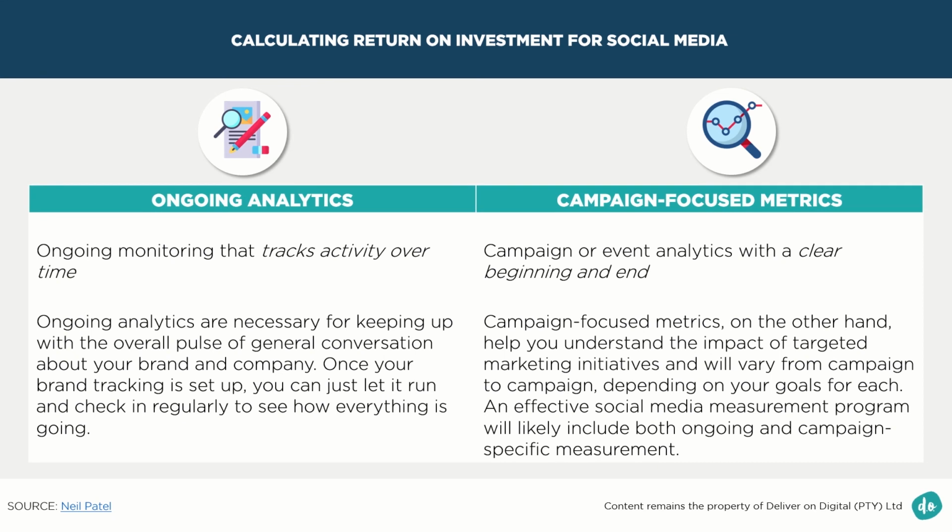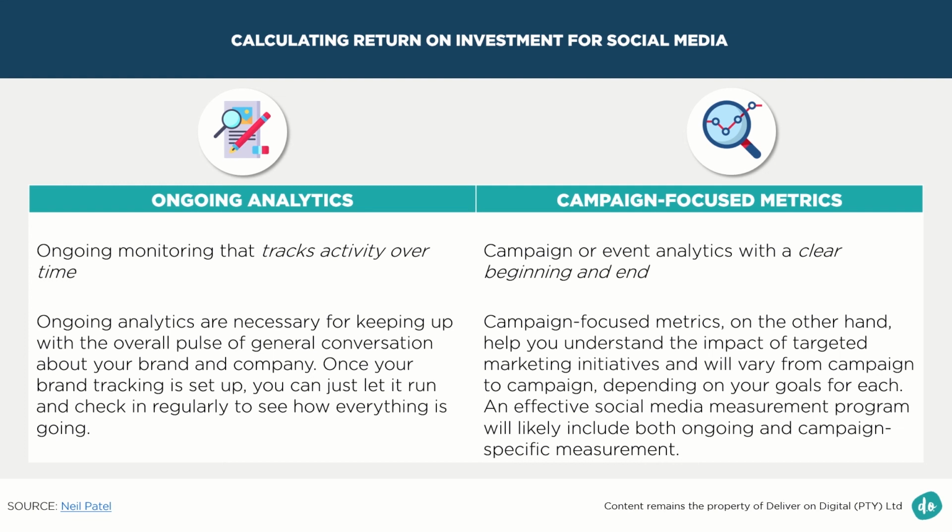It's also important to bear in mind that there's two very different kinds of return on investment. So you might be looking, for example, at your ongoing analytics. So that's all of your activity over a long period of time. And this is necessary for keeping up with the overall pulse of general conversation about your brand and company. And once your brand tracking is set up, you're basically just letting it run, you're scheduling your monthly posts, and you're checking in to see how everything's going.